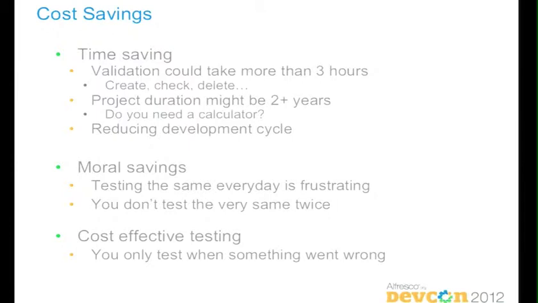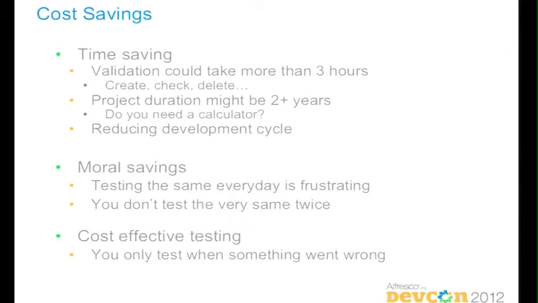So that piece of work is done by a computer, not by a human. Imagine that validation of the code could take more than 3 hours for testing the whole functionality, and we have at least one release per week, and the project duration is more than 2 years. So, too much time, okay?